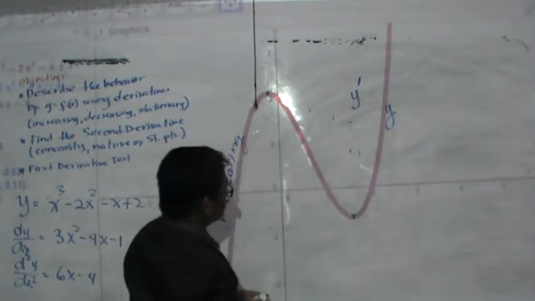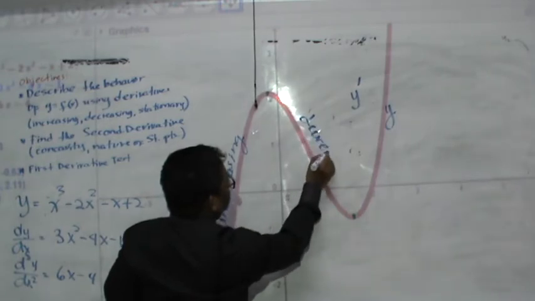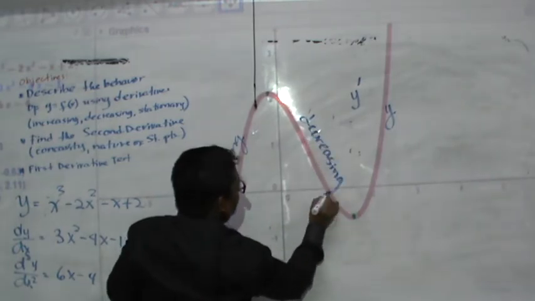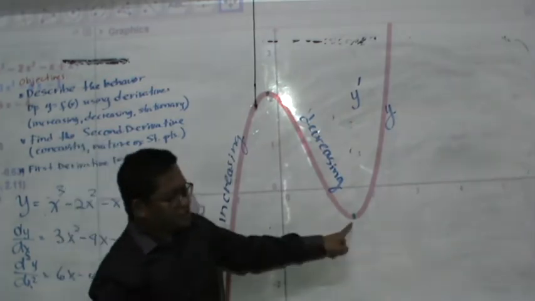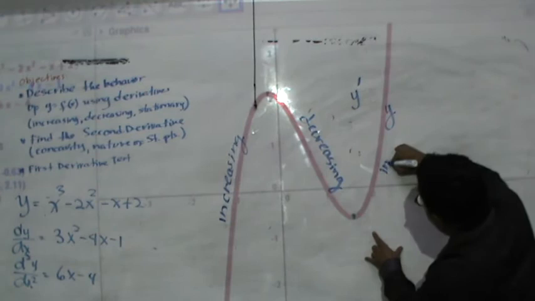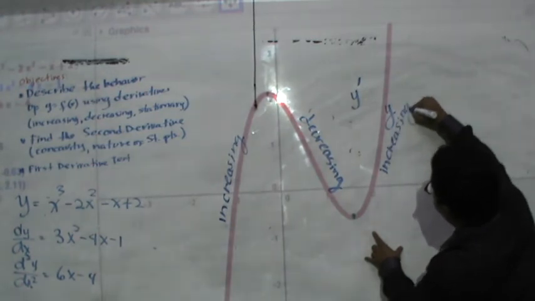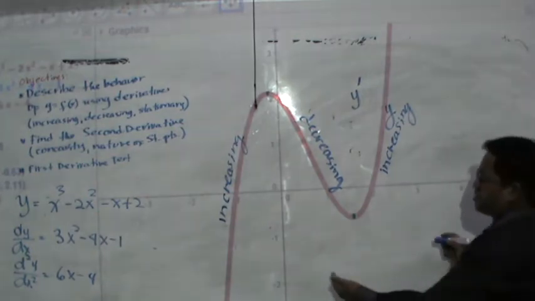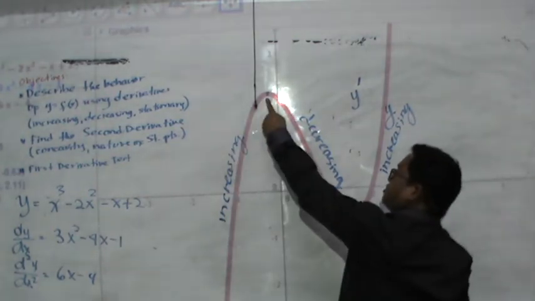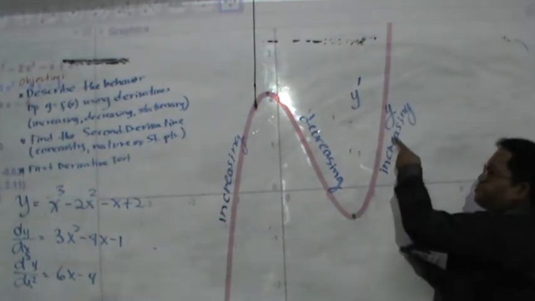And after this point, as it goes up again, this one is increasing. So you have increasing, decreasing, then increasing again.